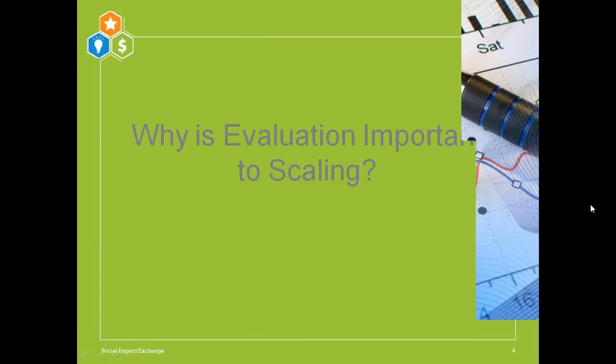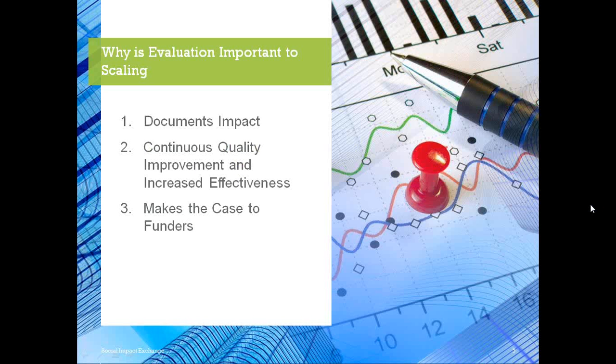So why is evaluation important to scaling? There are probably three key areas that the Social Impact Exchange in particular thinks about when thinking about evaluation and its importance to scaling. First, it documents impact. Is what you're scaling working, and is it working in a meaningful way?